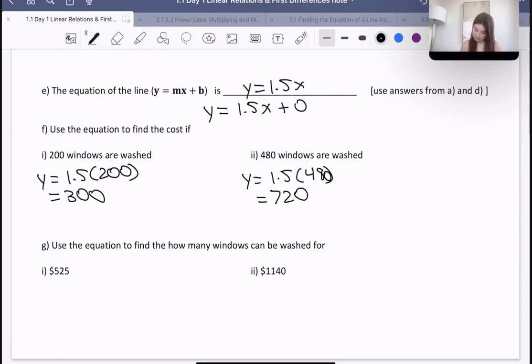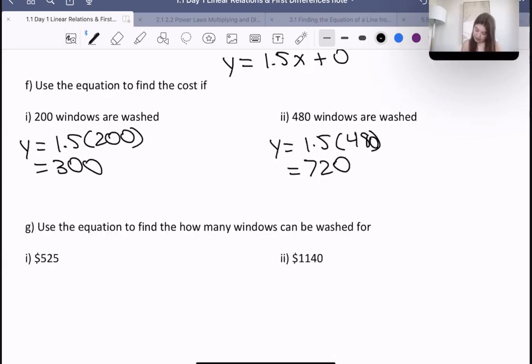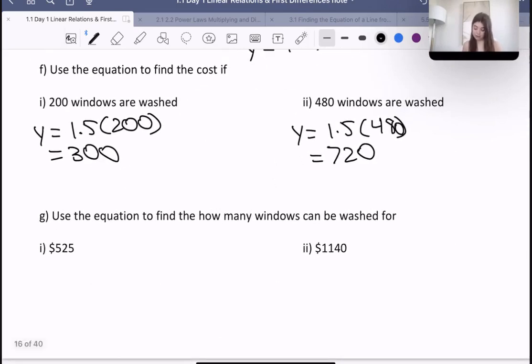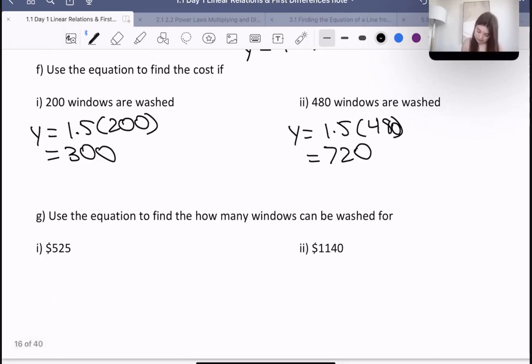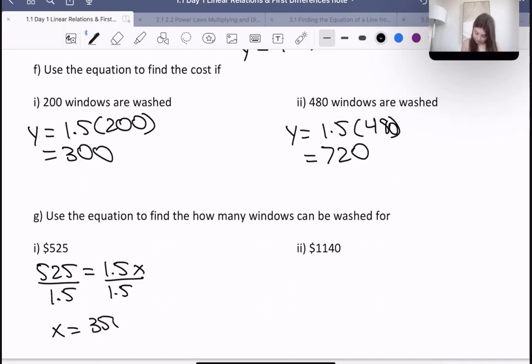Okay, use the equation to find out how many windows can be washed for $525 and $1,140. So let's see. 525 would equal 1.5 times x. What we must do here is divide both sides by 1.5, and we get x is equal to 525 divided by 1.5. When we plug that into our calculator, we will get 350.